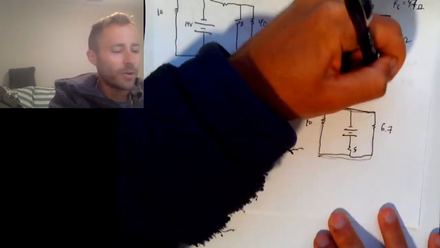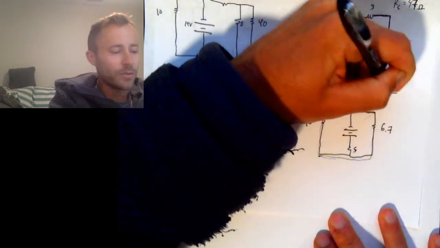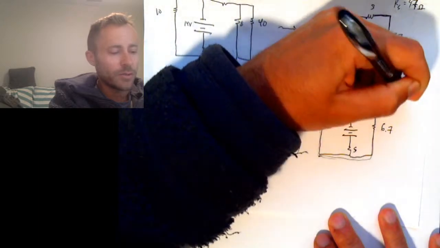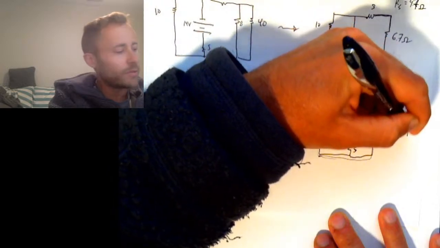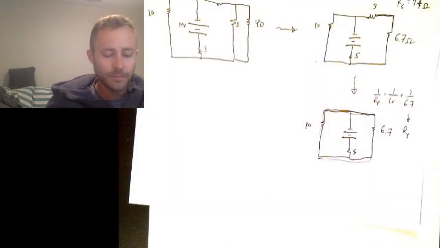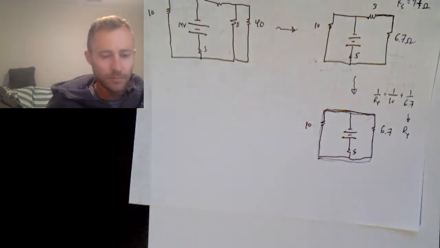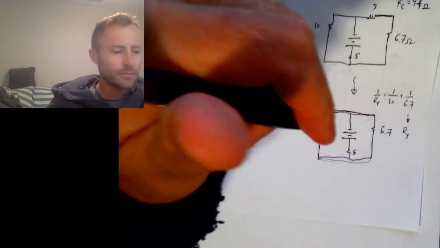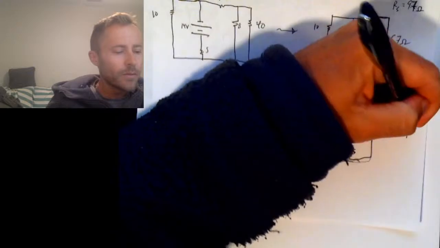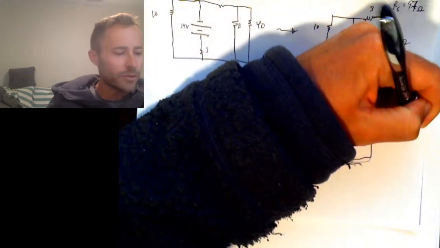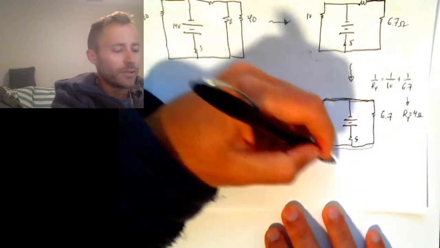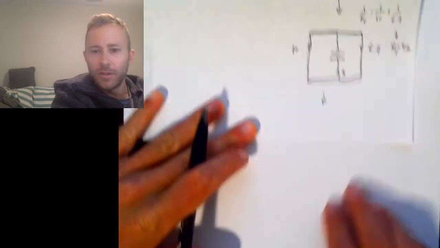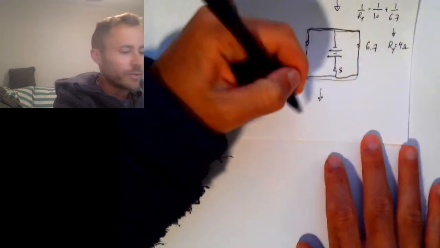So I have 1 over R sub P is 1 over 10 plus 1 over 6.7, which says that R sub P is equal to 4.1, or actually just about 4 ohms. So now I can replace those with just a single resistor.